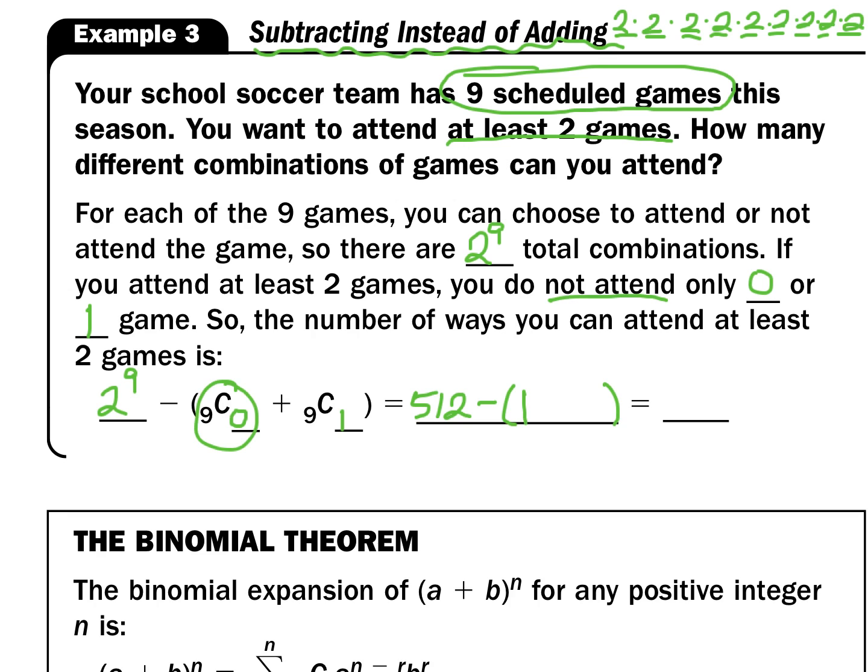And I could only miss 1 game, which there's 9 different ways that I can miss 1 game because I can miss any of those games. So 512 minus the quantity of 1 plus 9, so 512 minus 10 is equal to 502 different ways that I could go to at least 2 games.